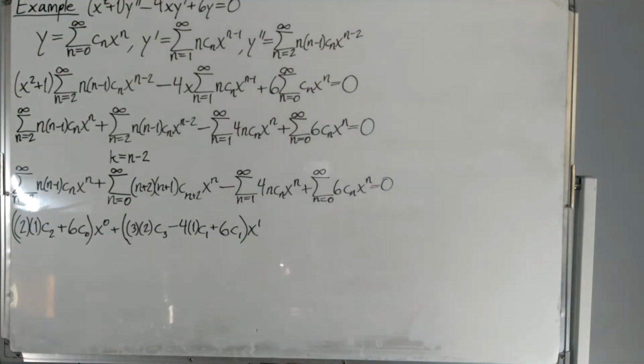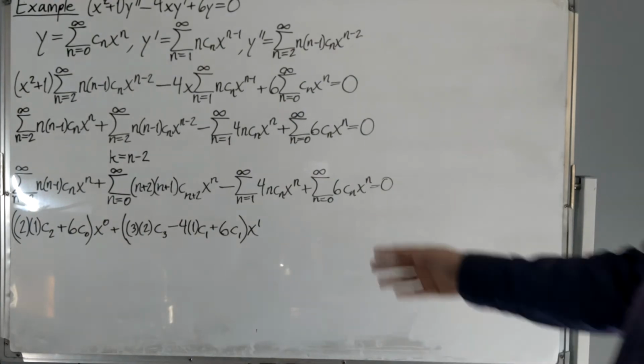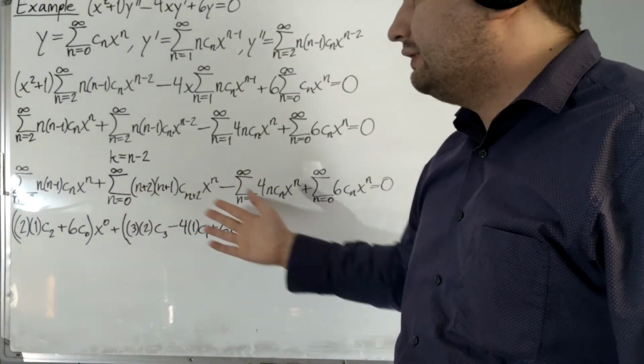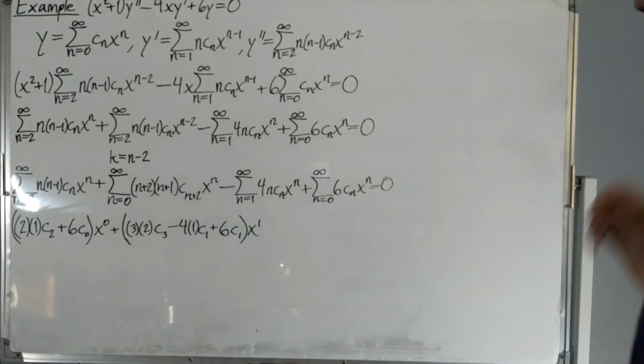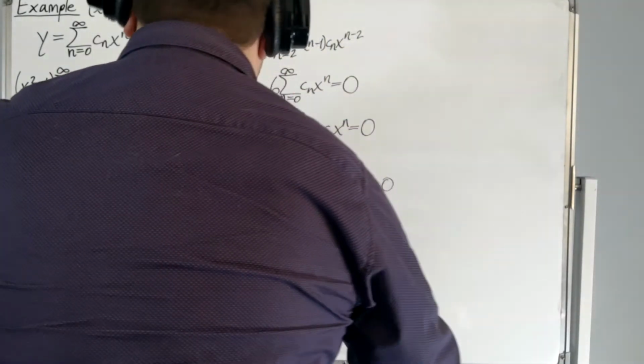And now the rest of the stuff is all n equals 2 to infinity, so that's present everywhere in these series, and therefore we can just add them together now.